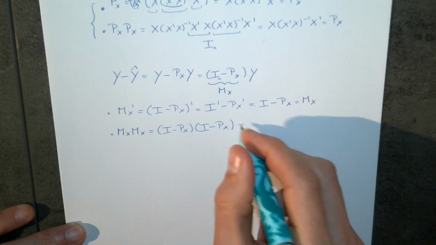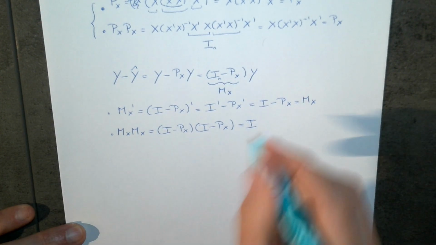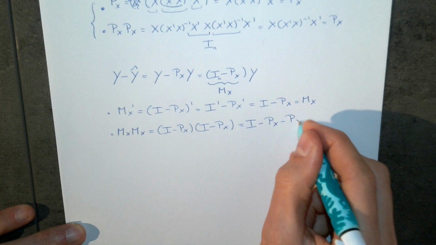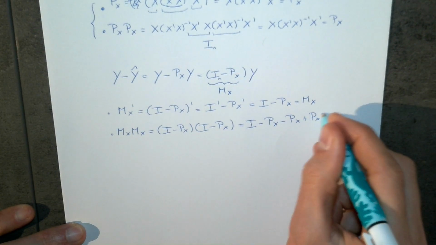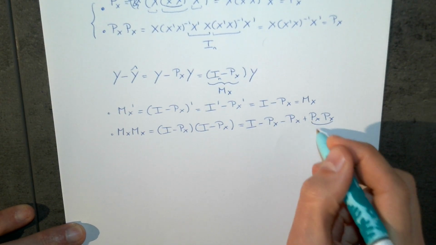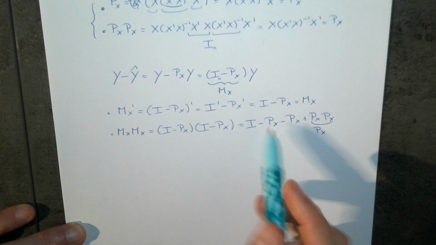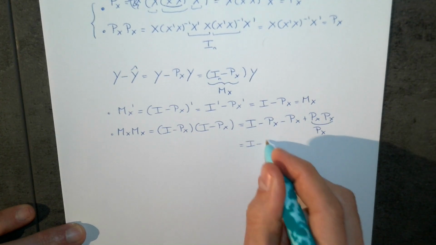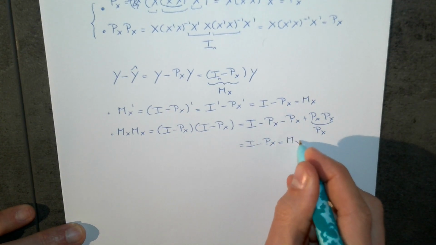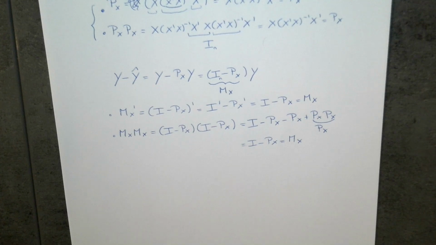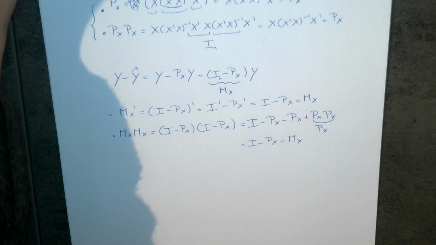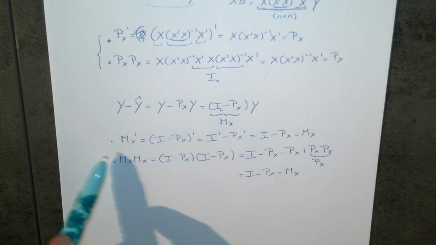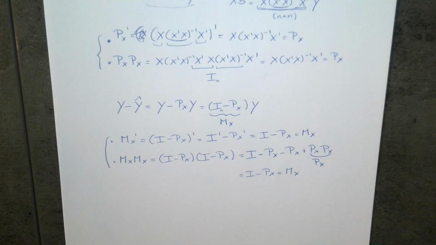We multiply out this product: the identity times the identity is the identity, minus Px, minus Px, plus Px times Px. Px is idempotent, so this is Px, so we have the identity minus 2 Px plus 1 Px, which gives you I minus Px equal to Mx. So also Mx is idempotent. To recall, the projection matrix and the residual matrix are both symmetric and idempotent.